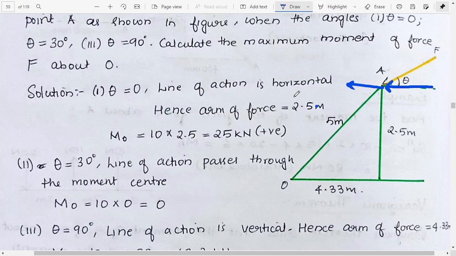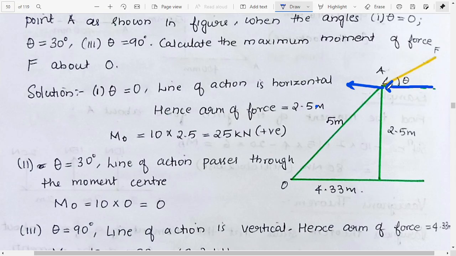The line of action here is horizontal. Hence, the arm of the force here will be 2.5. So the moment about O is equal to 10 into 2.5, which is 25 kilonewton meter, and it is anti-clockwise.